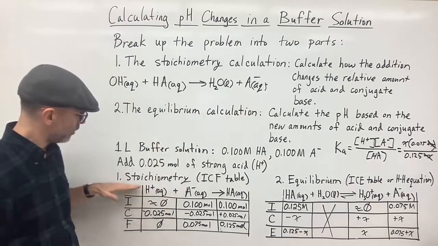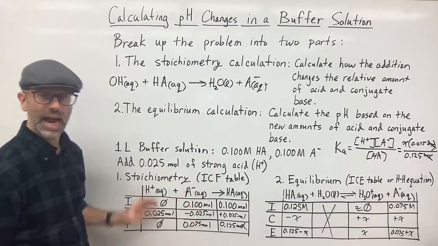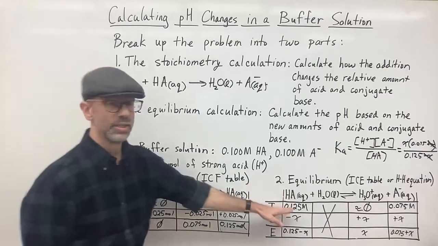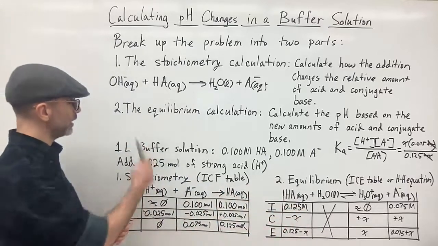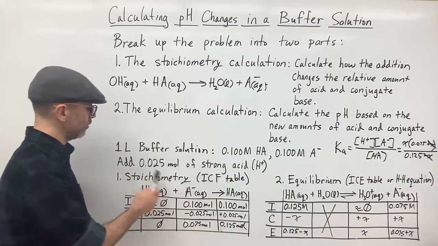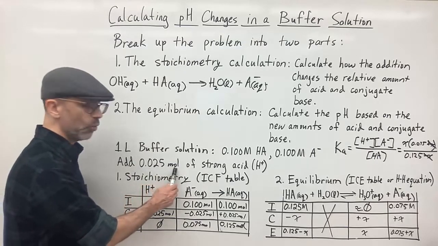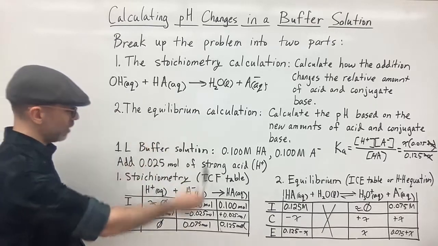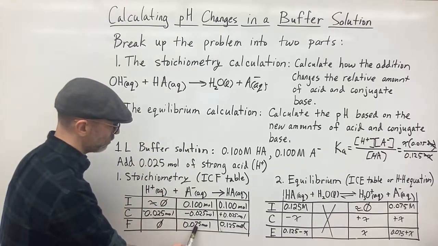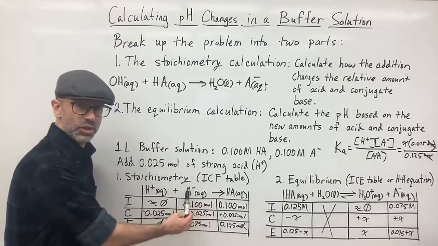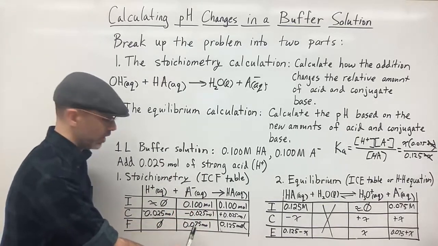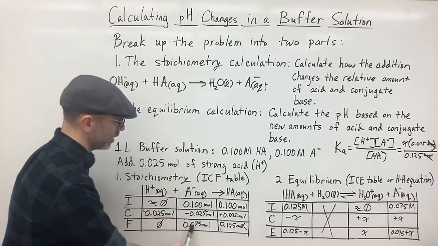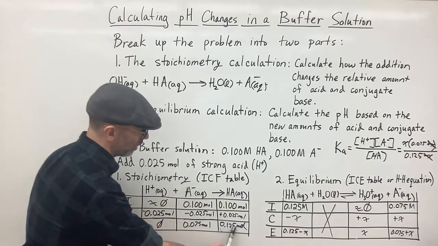So you would do the stoichiometry first, and then once you figure out what your final amounts are, then you would do the exact same thing over here. So the only difference is if instead of a strong acid, I added 0.025 moles of a strong base, then what would happen is I would end up, instead of 0.075 moles of the conjugate base, with 0.125 moles of the conjugate base and 0.075 moles of the weak acid.